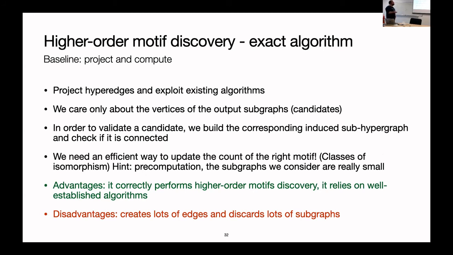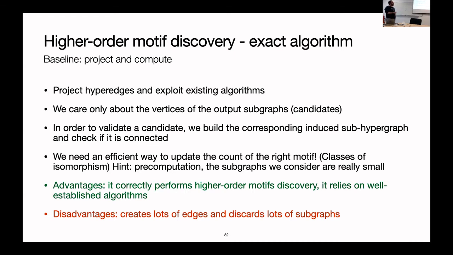Then, instead of considering the output subgraphs as motifs, we consider them only as candidate motifs. To validate a candidate, we build the corresponding induced subgraph, meaning that we consider the original higher order interactions and build the hypergraph induced by these nodes, and check if it's connected, because motifs need to be connected.